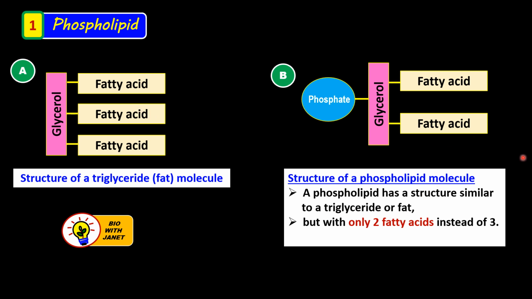For phospholipids, there are only two. In addition, the phospholipid has an extra group called the phosphate group. That's why it's called phospho, standing for phosphate, lipid. So phospho is this part, the phosphate group, and lipid is this part, the glycerol molecule combined with the fatty acid molecules.